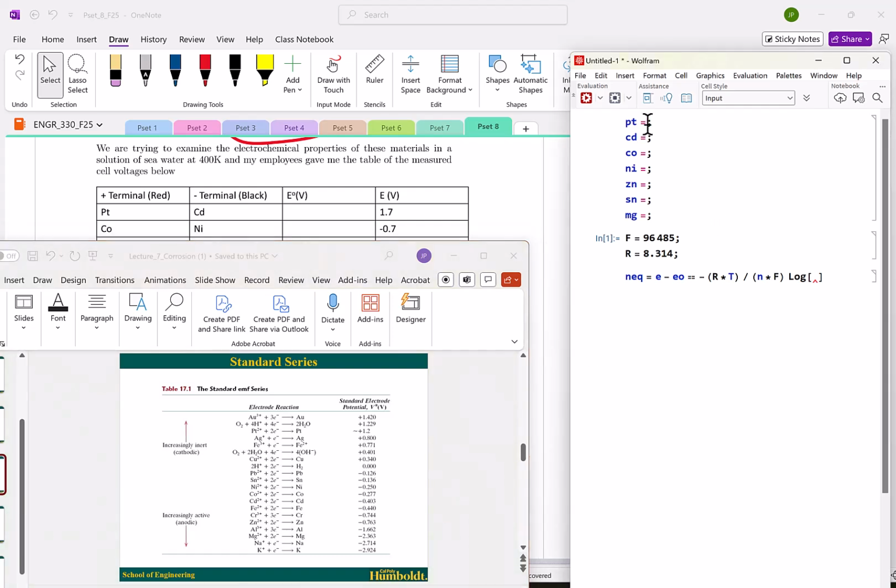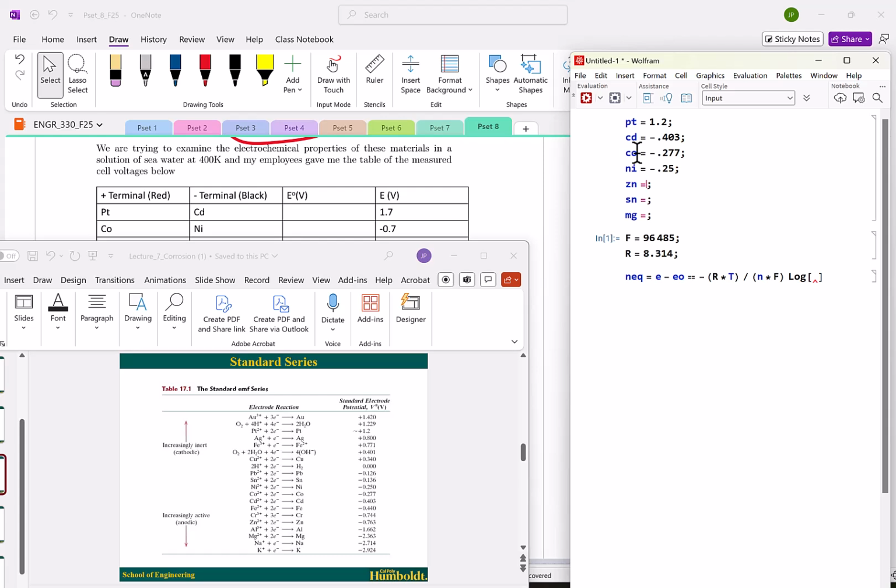Pt is 1.2. Cd is going to be minus 0.403. Co is going to be minus 0.277. Nickel is going to be minus 0.25.